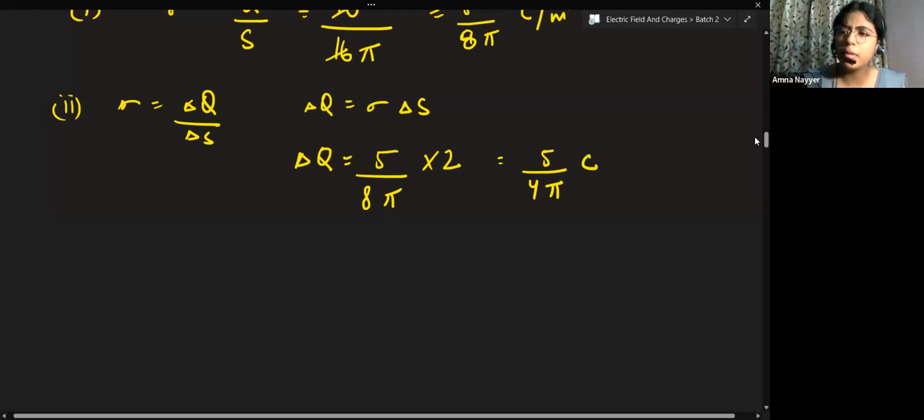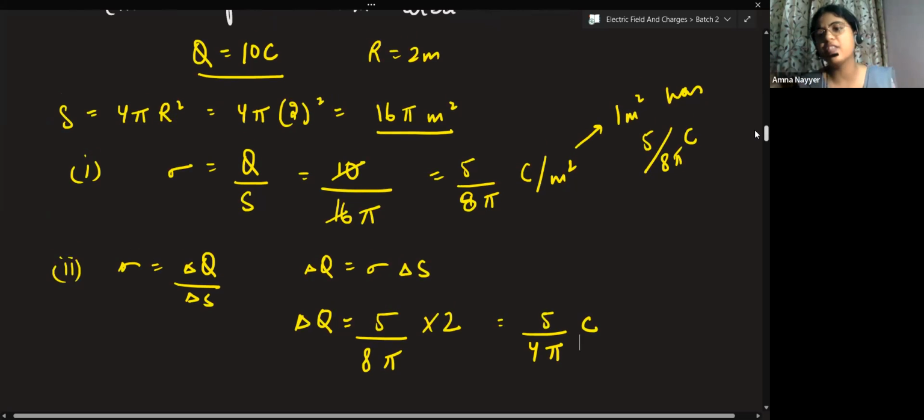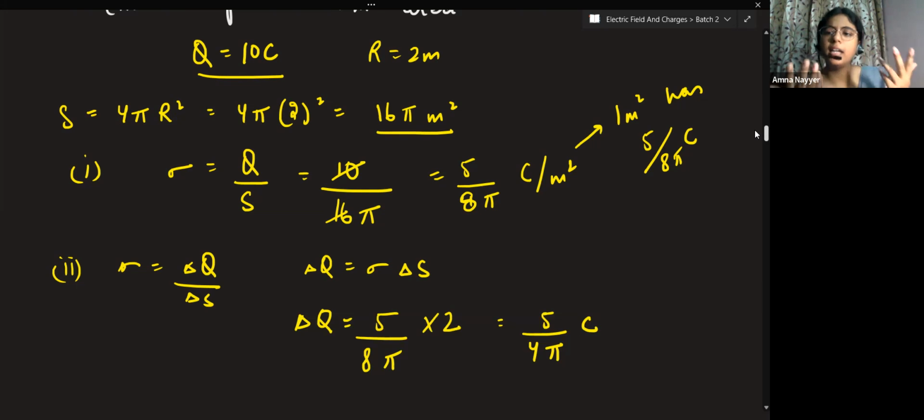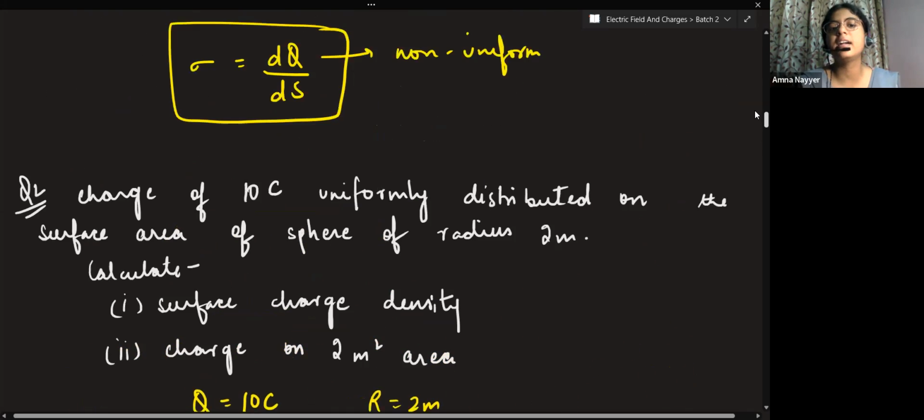Or you can simply use the unitary method. For 1 meter square it is 5 by 8 pi, so for 2 meter square you can double it, multiplying 5 by 8 pi by 2 again, and you'll get 5 by 4 pi. So this was surface charge density. Is this clear? Yes, ma'am. Just note this down, and one more charge density is left, that is volume.